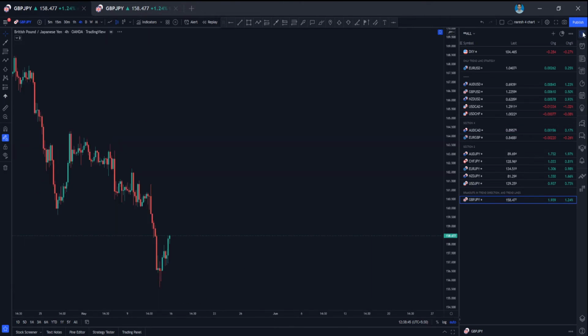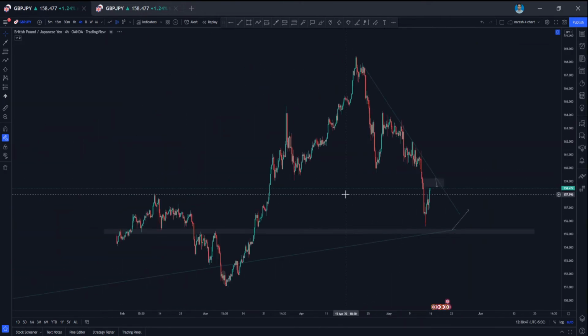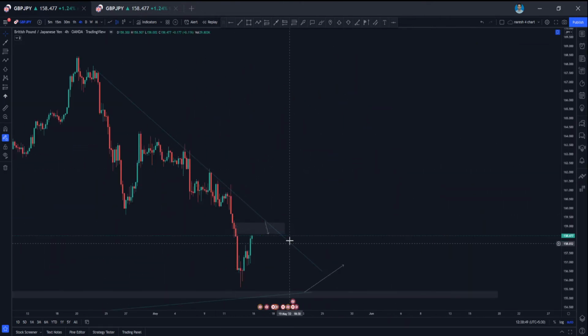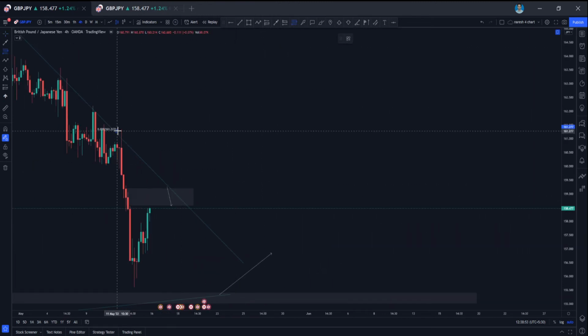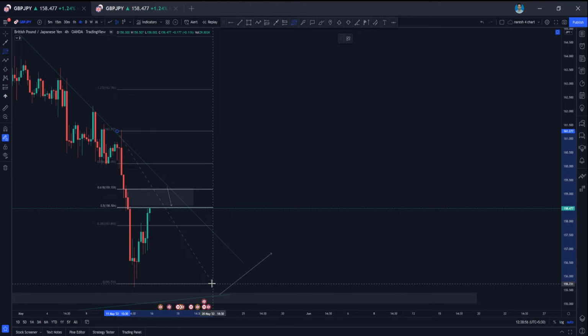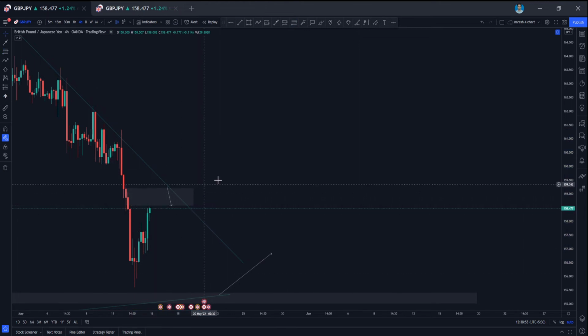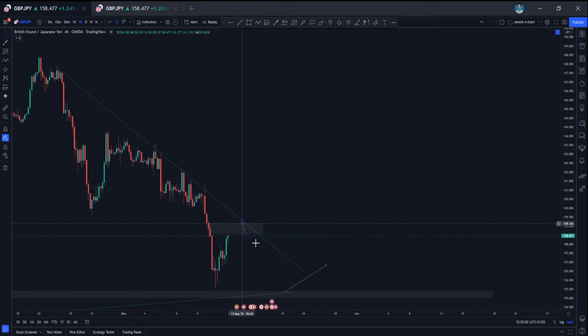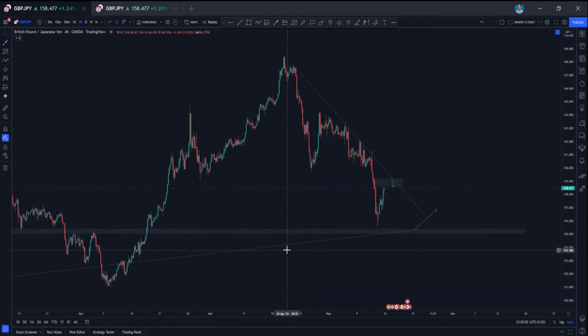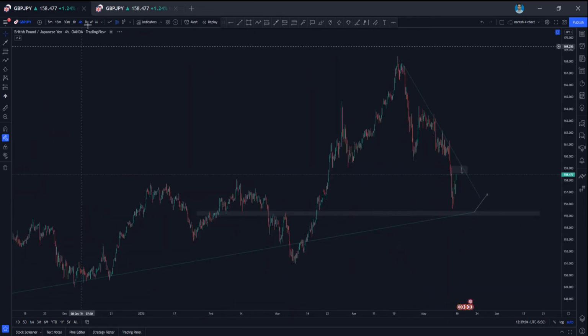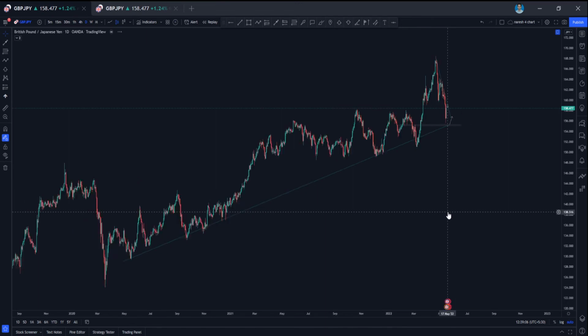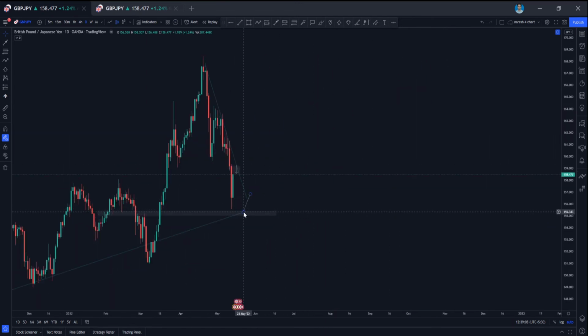Next would be GBP JPY, guys. So GBP JPY in 4 hour time frame, it is bearish and it is in a pullback zone. So I have used the Fibonacci retracement and I have drawn the golden zone as well, 50 and 61% retracement. So if it is holding this level and dropping down, I'll be looking for short entries from here. And in 1 day time frame also, we are able to see it is near the important support area.